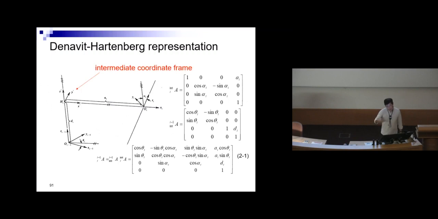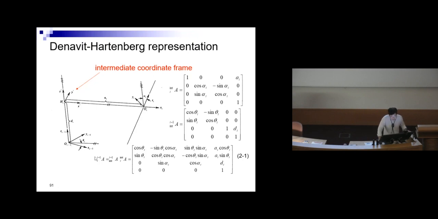It's not difficult. You just need to get used to it. So when I have these two frames, the O_{i-1} and O_i over here, typically you have something called an intermediate coordinate frame to tie them together, to determine the relationship of O_i with respect to frame i-1.